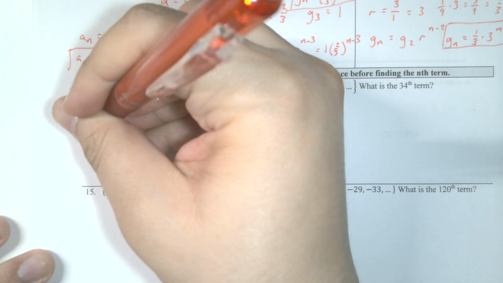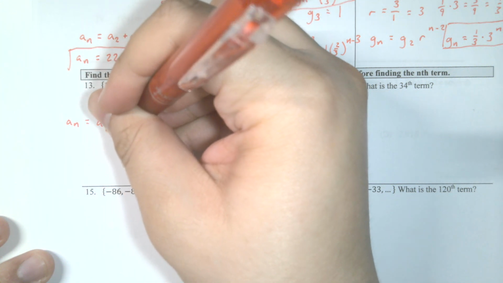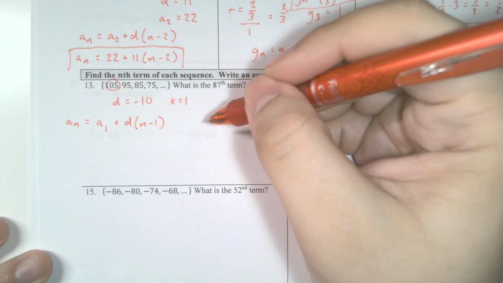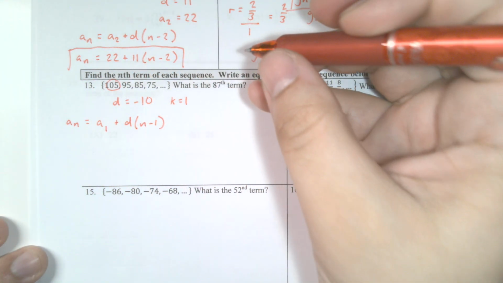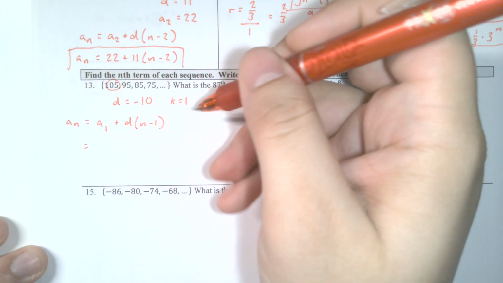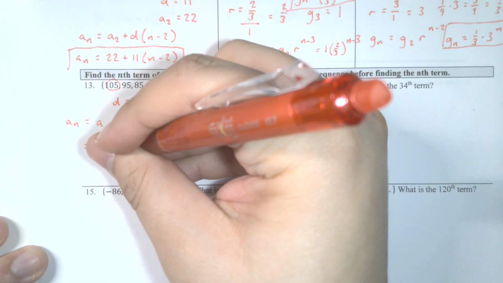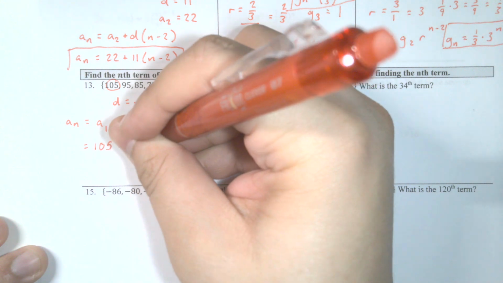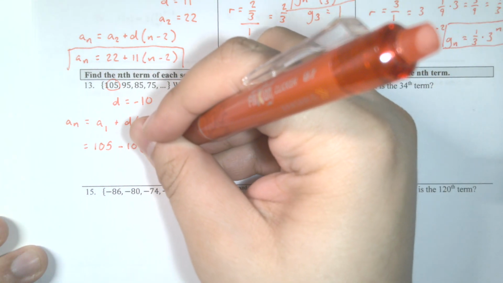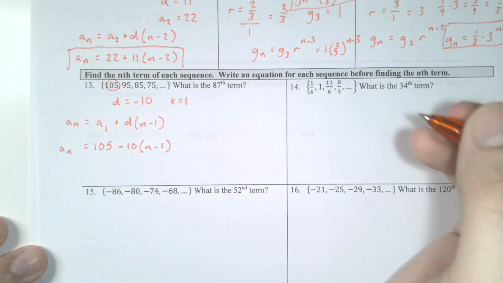So a sub n is equal to a sub 1 plus our common difference times n minus 1. So if we're letting k equal 1, this is going to be our formula. And then a sub 1 is just 105. And then our common difference is minus 10. And then times n minus 1. So this is our formula here.